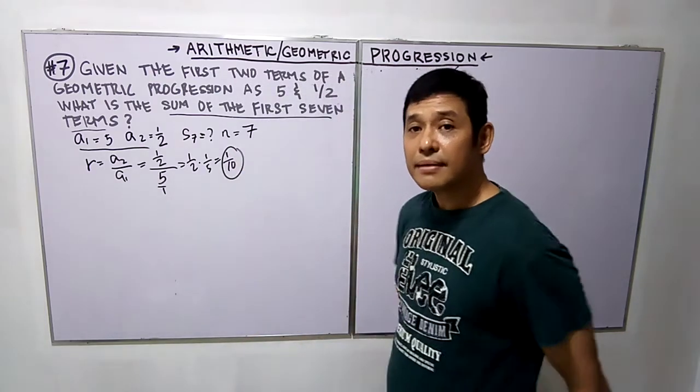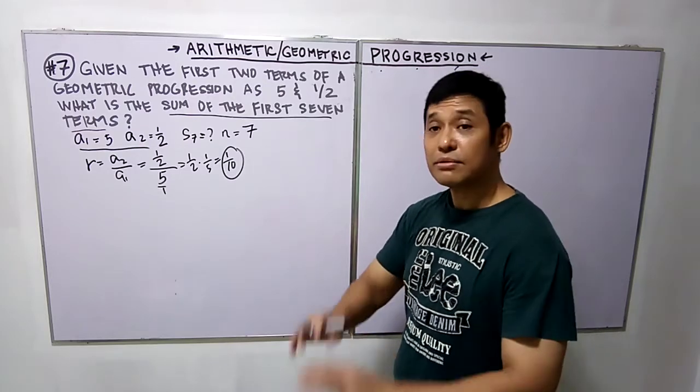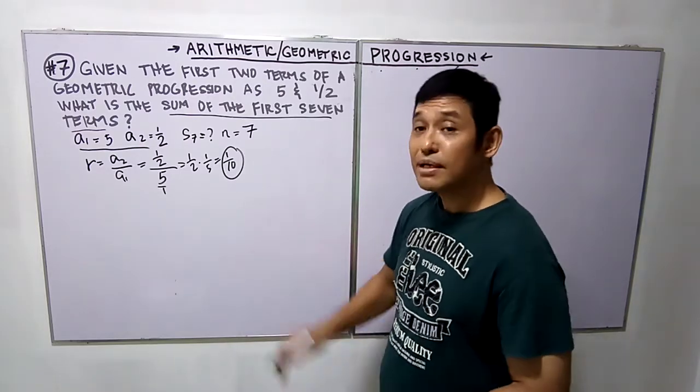So, ano po napansin natin sa common ratio? Ang tanong po dyan mataas po ba sa 1 o mas mababa sa 1? So, malinaw, mas mababa sa 1.